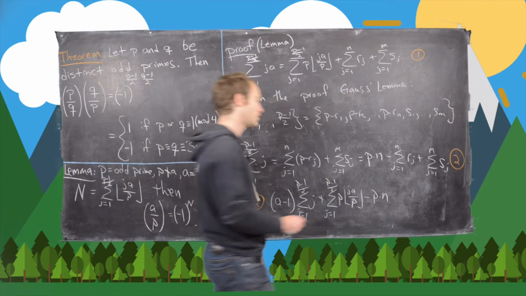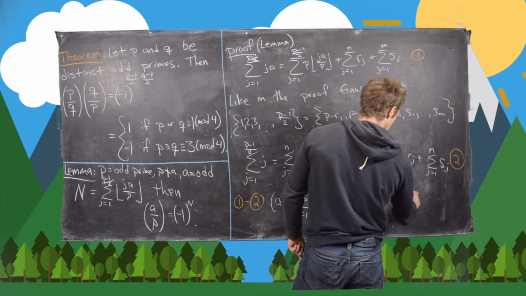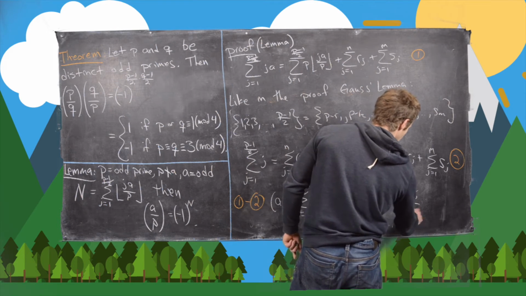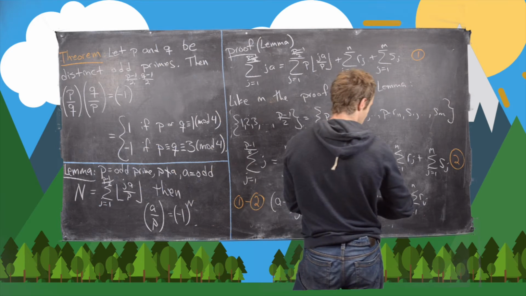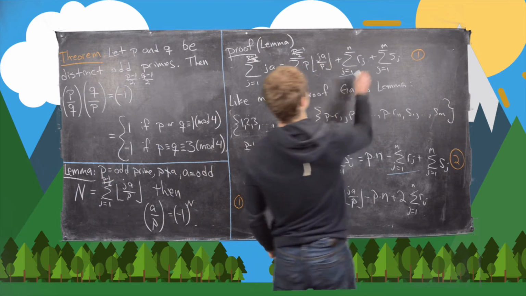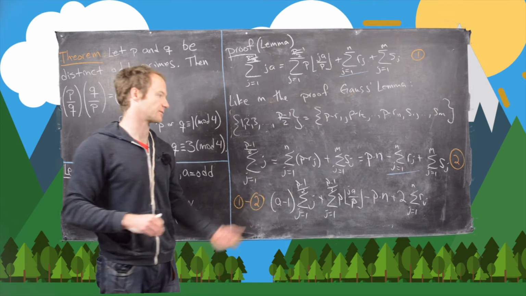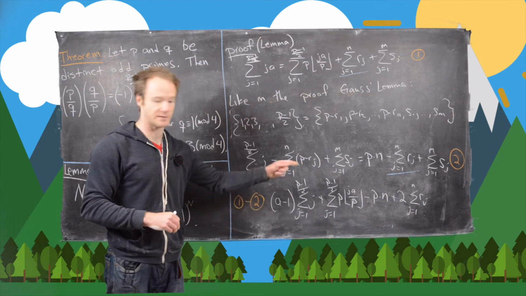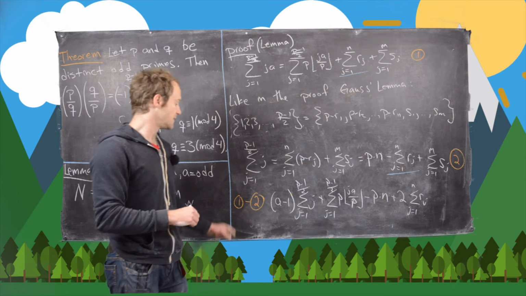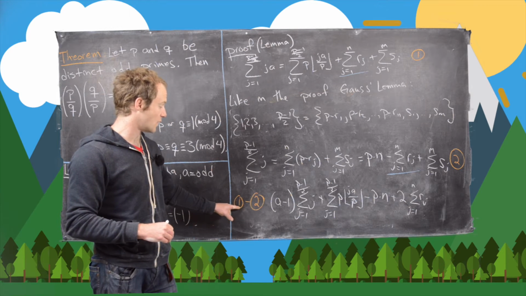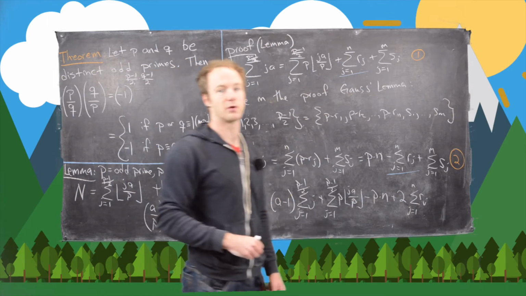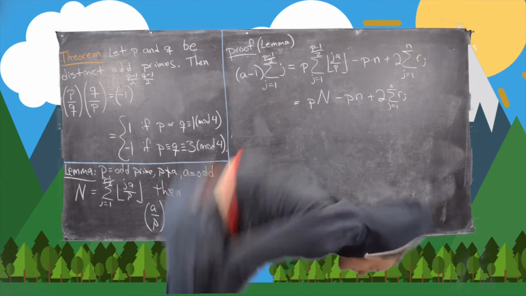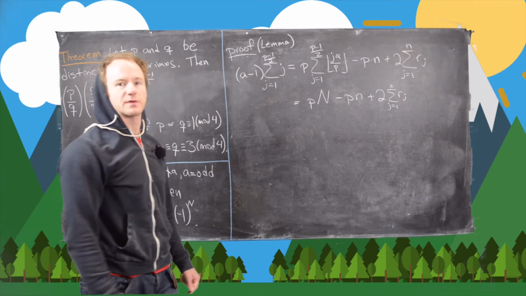Okay, good. And then plus 2 times the sum j equals 1 to n of rj, because we have this term and this term adding up, and then since we're subtracting, that turns into a plus, and we get 2 of them. Okay, good. So now I'm going to move this 1 minus 2 equation up to the top, and we're almost done with the proof of this lemma.